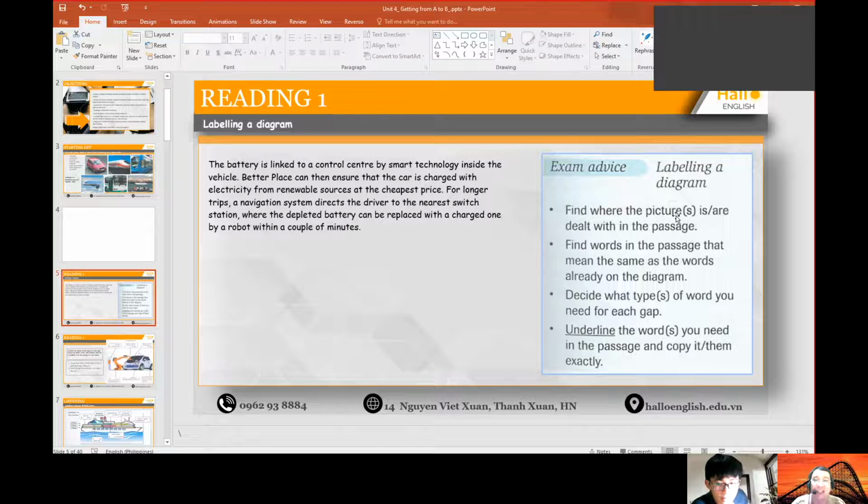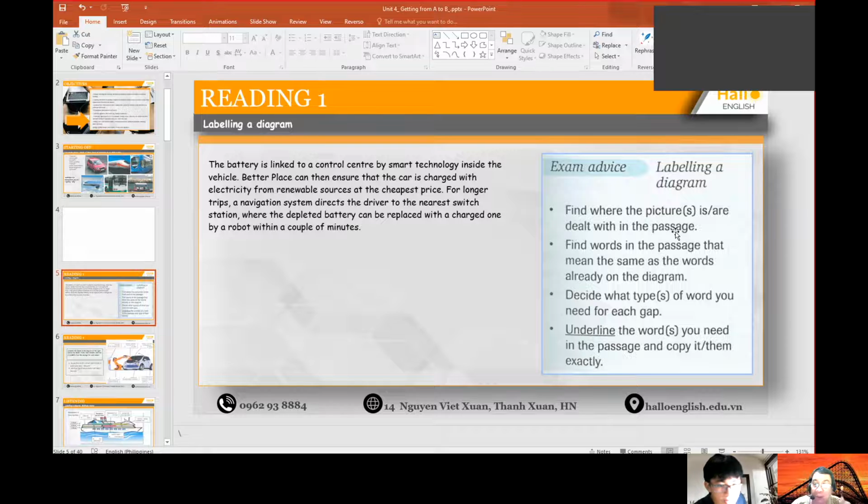Exam advice. So this one is an advice, IELTS exam advice for labeling a diagram. Number one, Koi, can you read that? Find where the picture is dealt with in the passage. Yes, so find where the picture is dealt with in the passage.